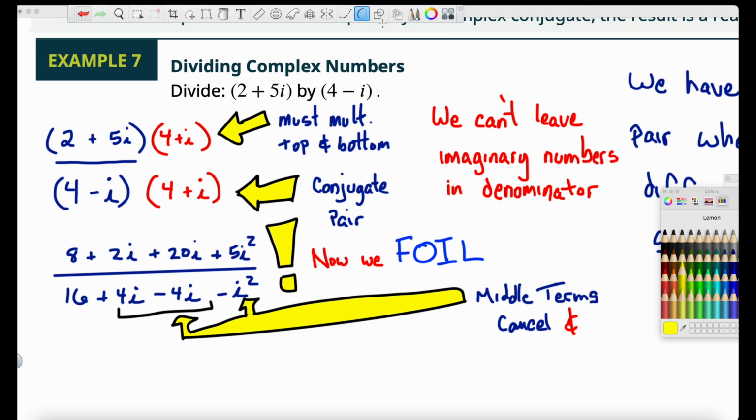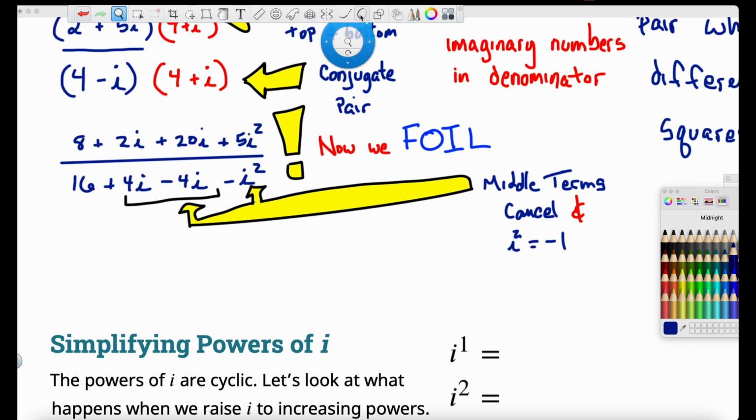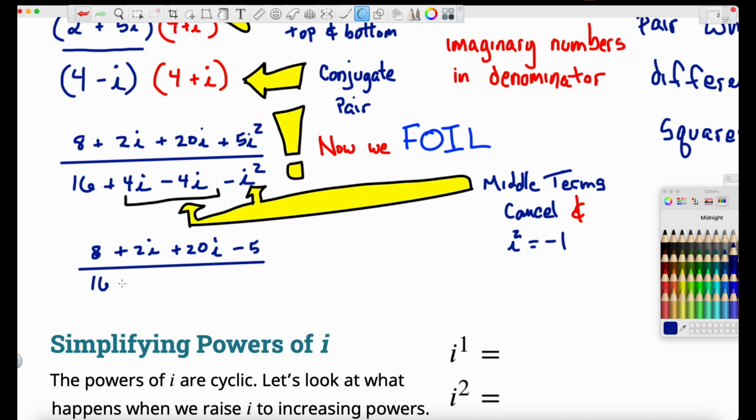And let's take care of that i squared right there. And we have the i squared in the numerator as well. So let's substitute and simplify. Okay, I now have -5 there because i squared is -1. And also in the denominator.